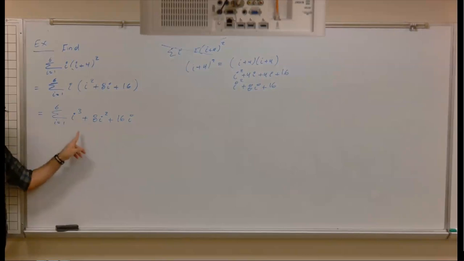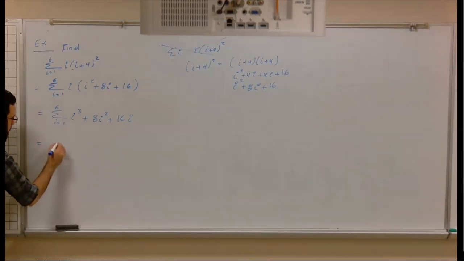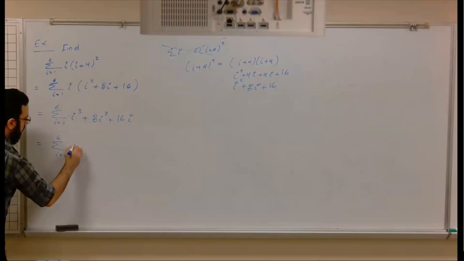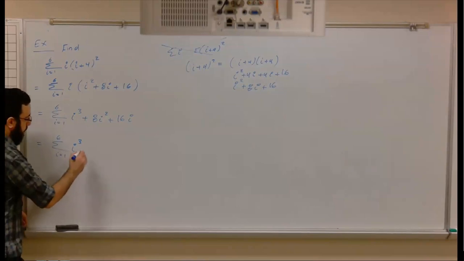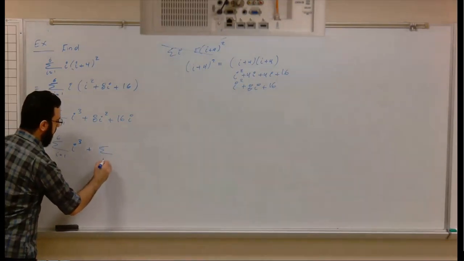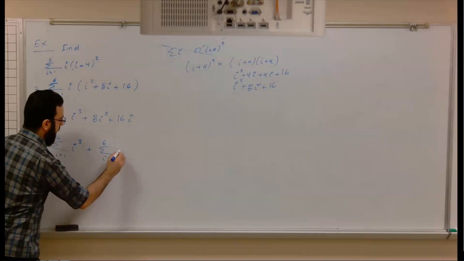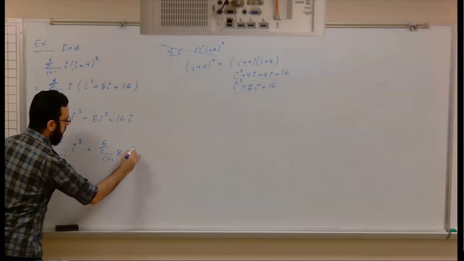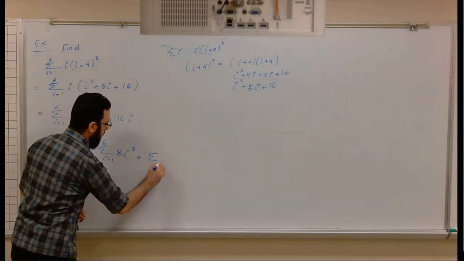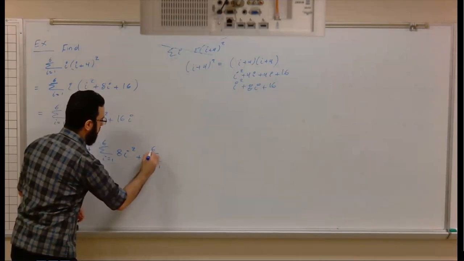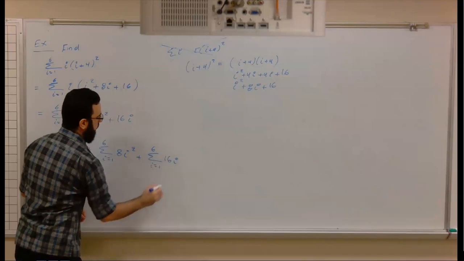Because it's a plus now. So this one is going to be equal to summation from I equal 1 to 6 of I cubed, and I have a rule for this one, plus summation from I equal 1 to 6 of 8I squared, plus summation from I equal 1 to 6 of 16I.